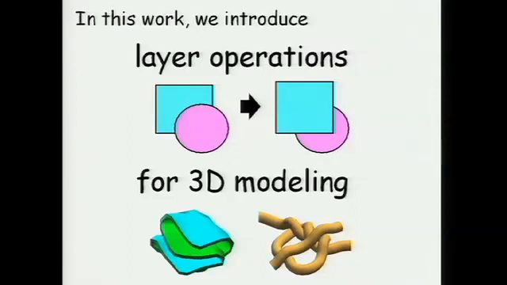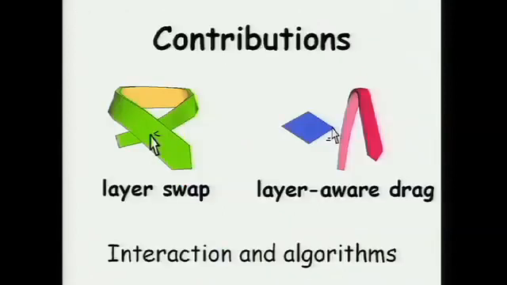More specifically, we introduce two operations: layer swap, which is click and swap layers, and also dragging, where the system adjusts steps appropriately. Our main contribution is the interaction technique, but I think there are a couple of interesting aspects with this algorithm, and I want to share them with you.